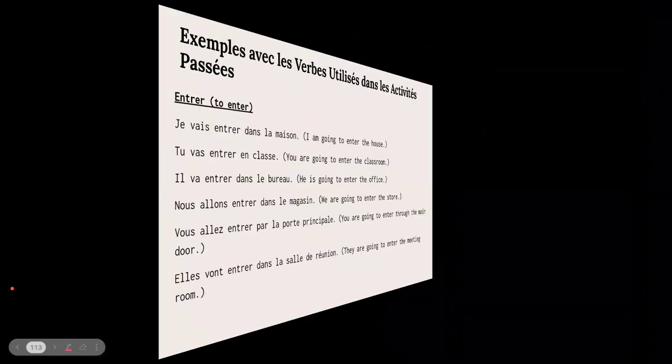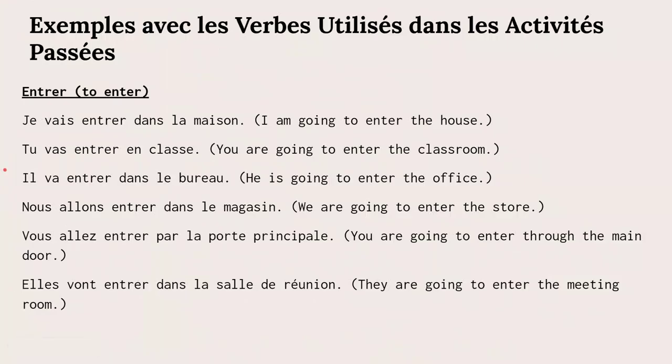Let's go. All right, that's the last verb. Je vais entrer dans la maison. You go. Next, please. I take this one. Nous allons entrer dans le magasin. And you?